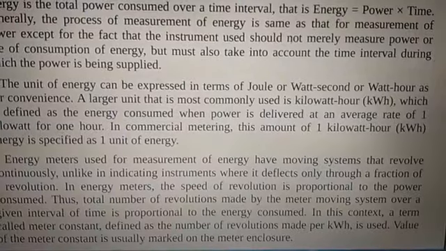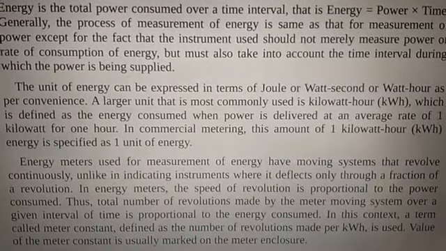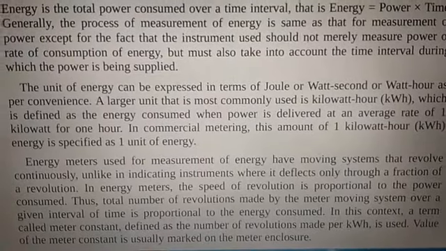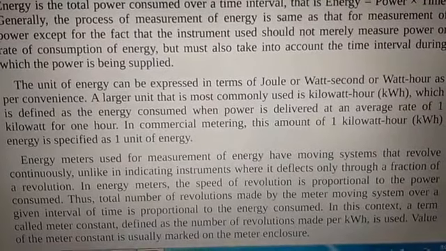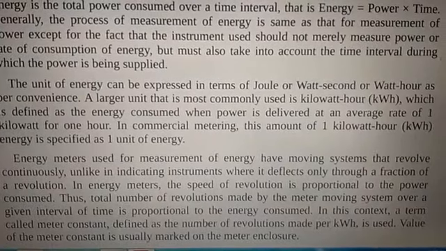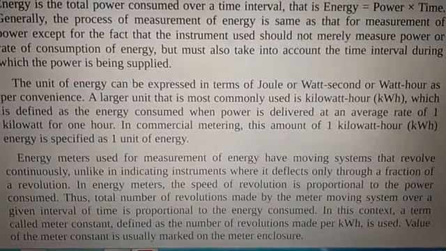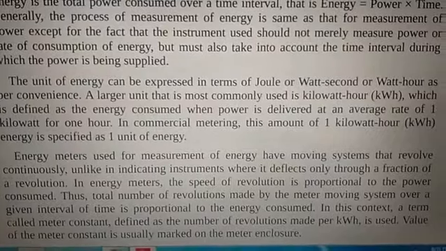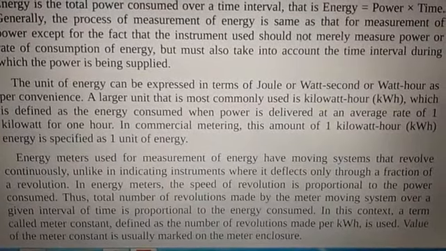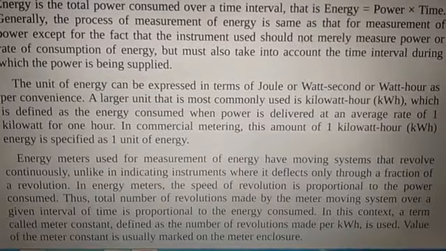So the main thing is that the number of revolutions is calibrated in terms of kilowatt hour, and this revolution depends on the various fluxes generated in the device, and there are a number of devices.